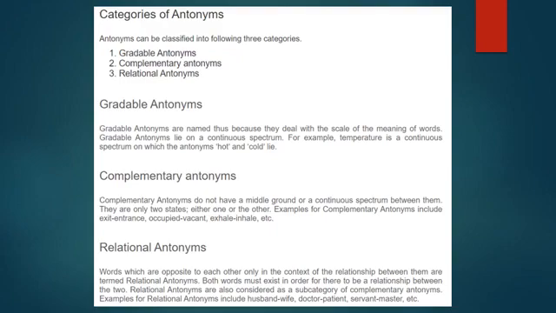Words which are opposite to each other only in the context of the relationship between them are termed relational antonyms. Both words must exist in order for there to be a relationship between the two. Relational antonyms are also considered a subcategory of complementary antonyms. Examples: husband, wife; doctor, patient; servant, master.